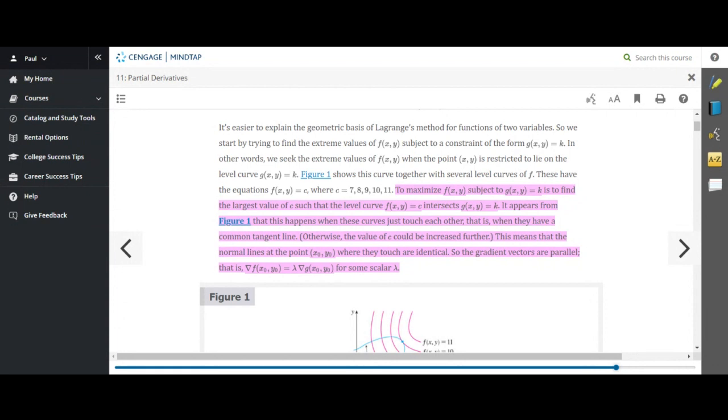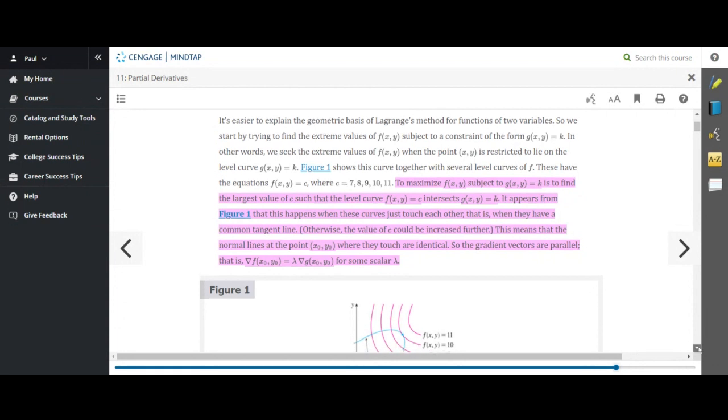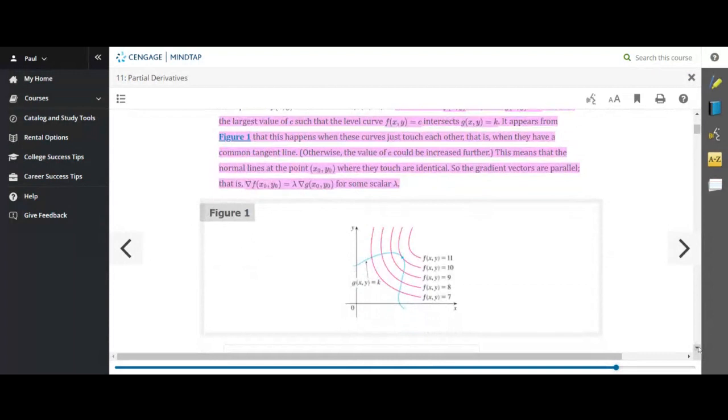Okay, so do you see this in the picture? Let me see if maybe I can go to the whiteboard and show it to you clearly what they mean here. All right, go to the whiteboard and let me get my stylus out here.